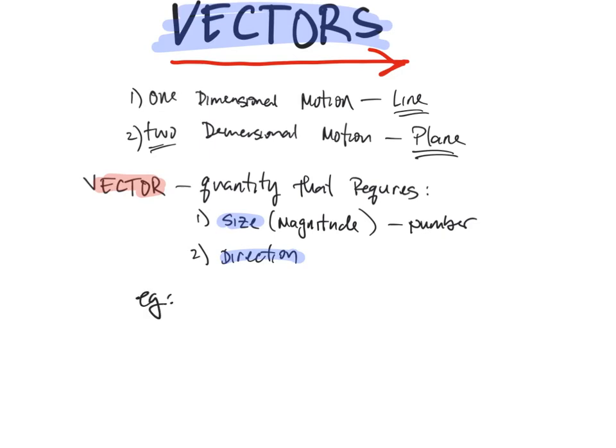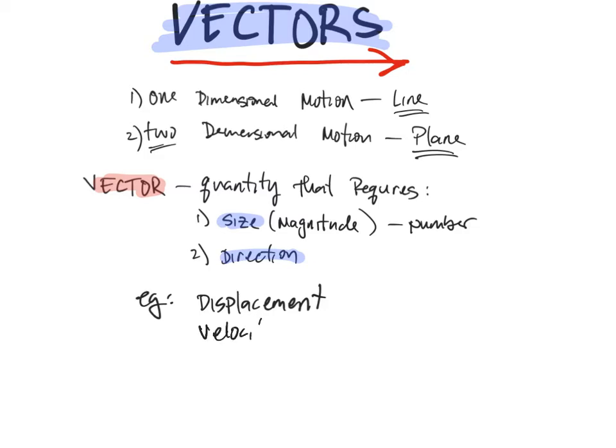When we discussed displacement, we said that the displacement has to have a number and it has to have a sign, positive or negative. The positive and the negative indicated the direction. It could have been direction indicated as left or right, north or south, whatever, but it requires a direction.